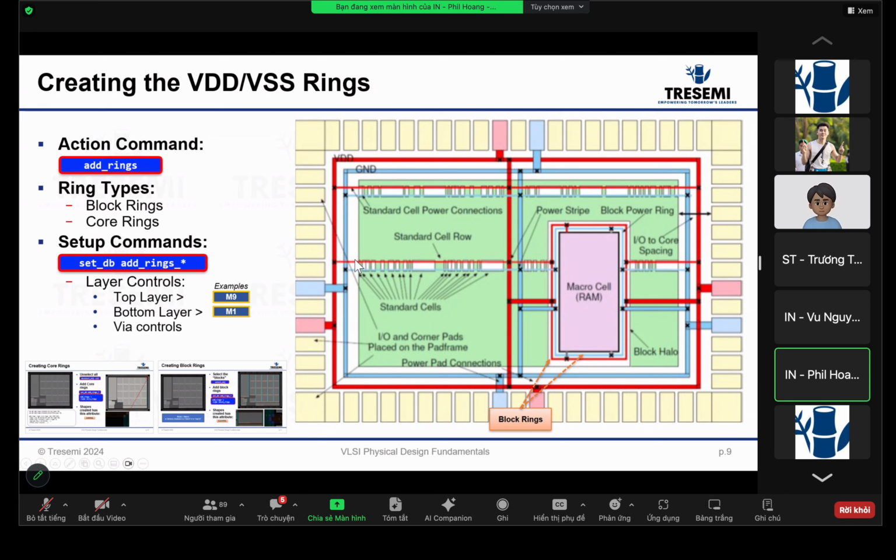Sometimes you have 20 billion transistors in a chip, so IR drop is very important. To minimize the IR drop, you want the lowest resistance. Low resistance means thicker metals and higher metals.